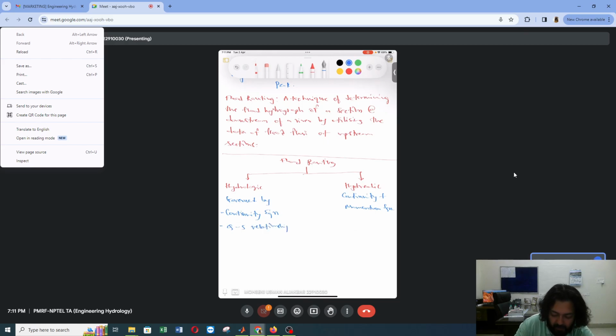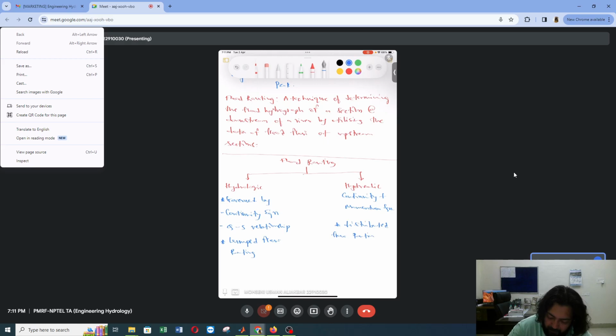It means outflow and storage. So the relationship between outflow and storage is also very important when we are using hydrologic routing. Then another difference between the two is, hydrologic routing is based on the assumption of a lumped model or lumped flow routing, whereas hydraulic is based on distributed flow routing.